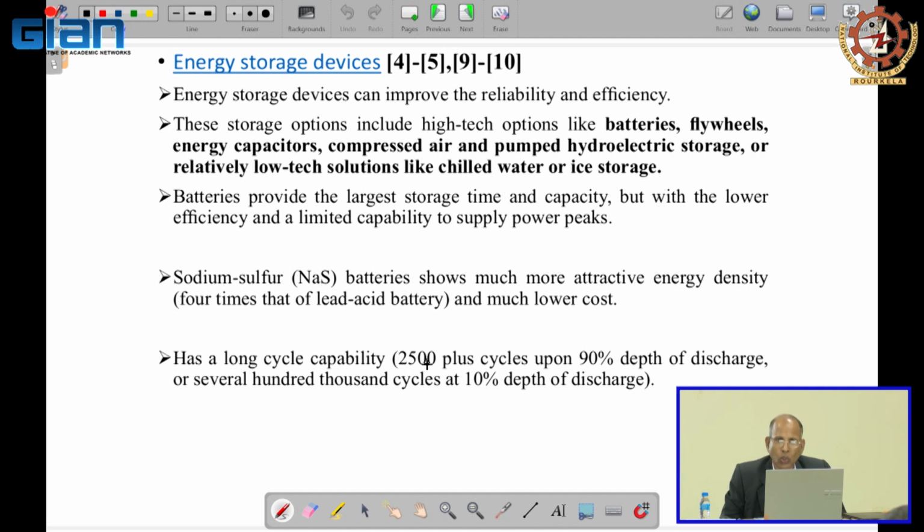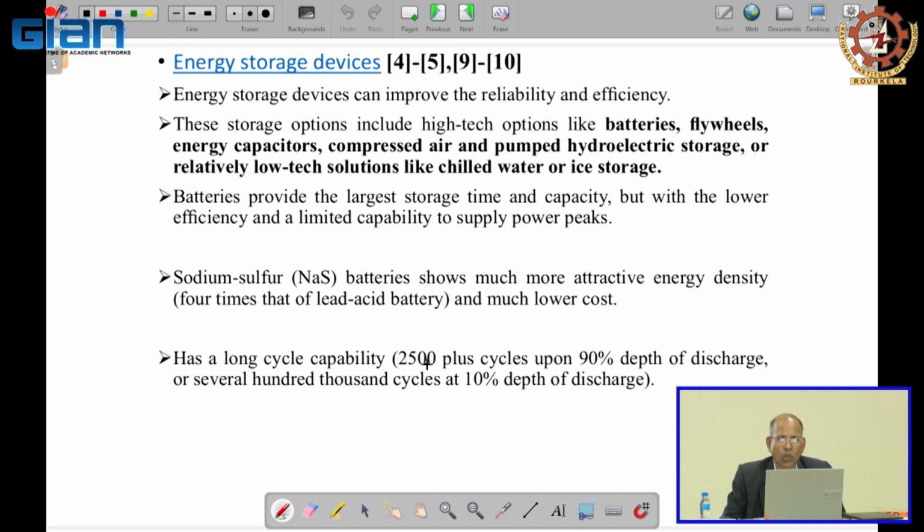As I said, batteries are convenient to use. Of course, there are some issues with the batteries as well. Again, you have to see what particular application it is, what backup you need and for how much duration.